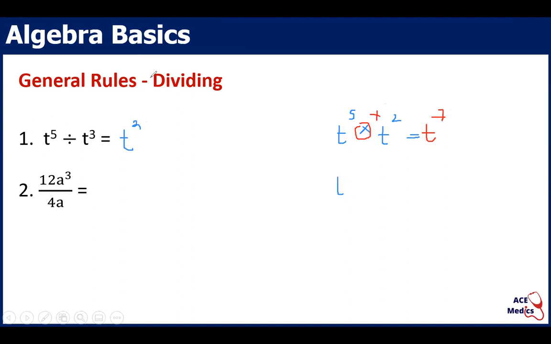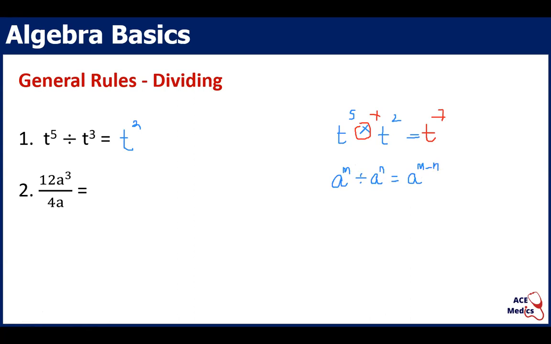So if we have, let's write it out with our a to the power of m, a to the power of m divided by a to the power of n equals a to the power of m minus n.